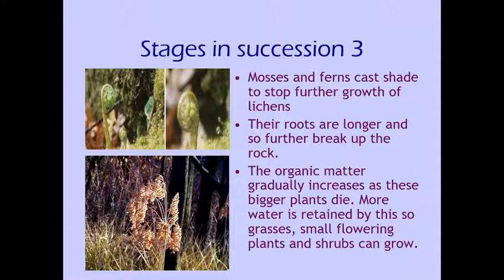And then, with the passing of time, herbaceous plants and shrubs can grow, and some other small flowering plants can also grow there, and this causes the dying of these mosses and ferns.